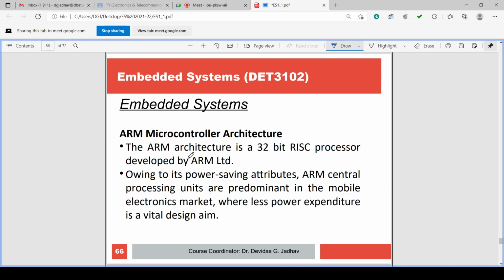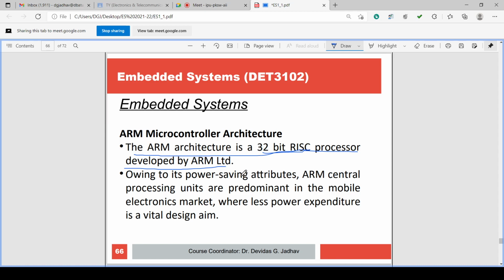The ARM architecture is a 32-bit RISC processor developed by ARM Limited.